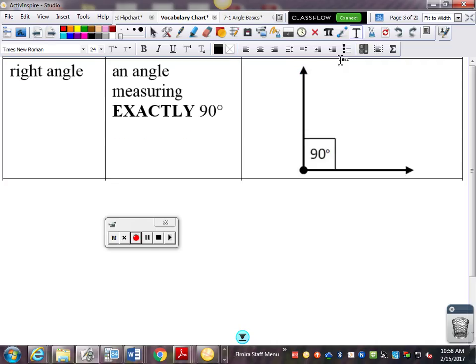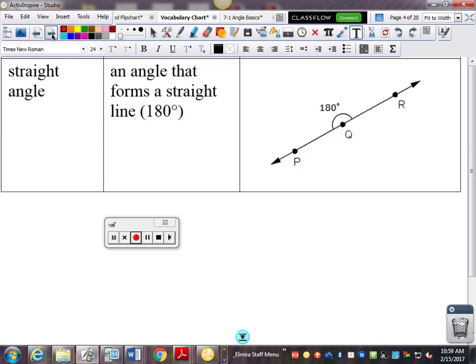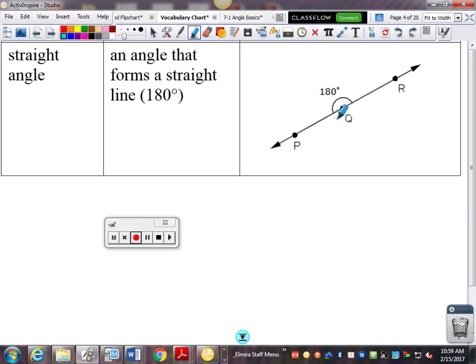A right angle would be if it was exactly 90 degrees, and you could tell because there's a square in the corner. A straight angle forms a straight line, okay? It's actually, just so we're clear, a straight angle actually has two sides to it.